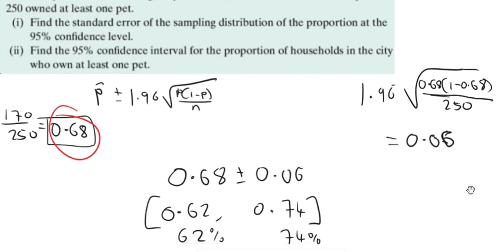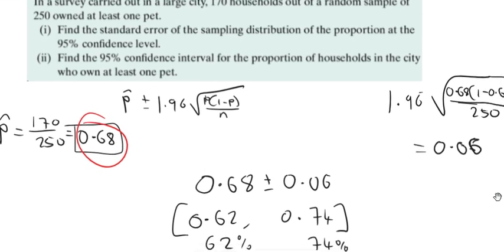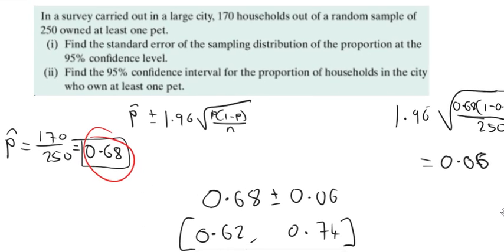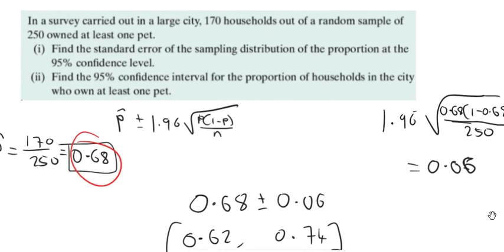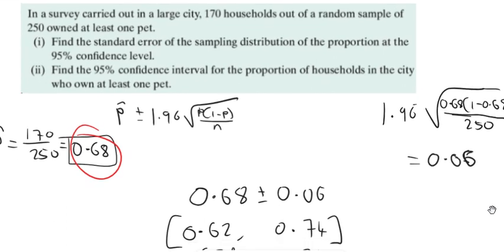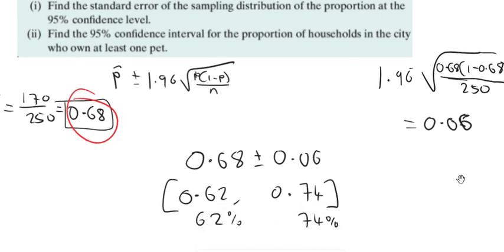So we're 95% sure then that the number of households that have at least one pet in the whole city would be between 62% and 74%. So it's within that bracket. So we've worked out what the confidence interval is.